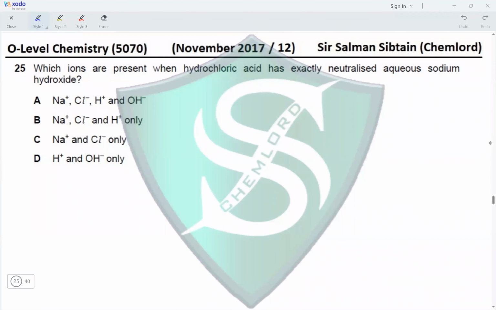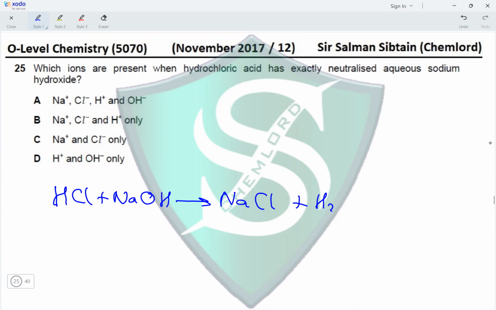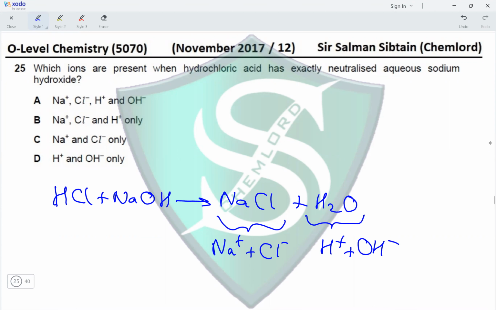Question 25. Which ions are present when hydrochloric acid has exactly neutralized aqueous sodium hydroxide? So HCl plus NaOH produces NaCl plus H2O. For NaCl, we would have Na+ and Cl- ions, and from H2O, we would have H+ and OH- ions.